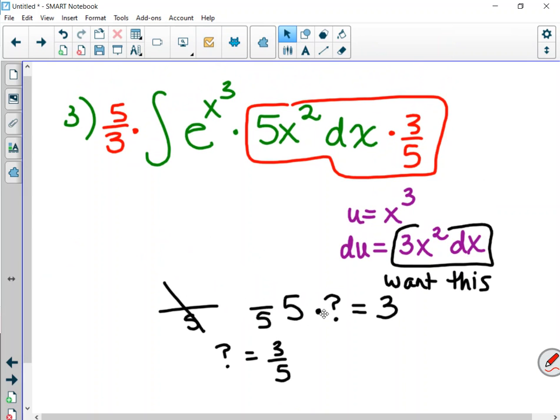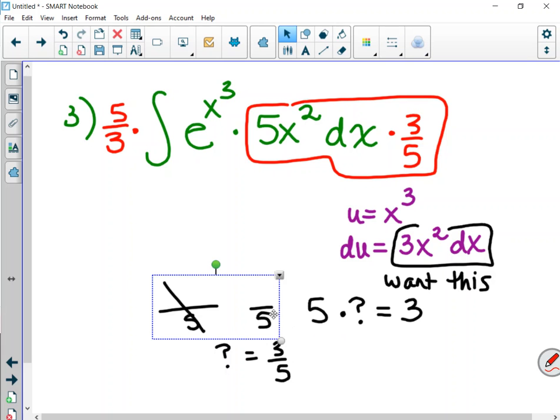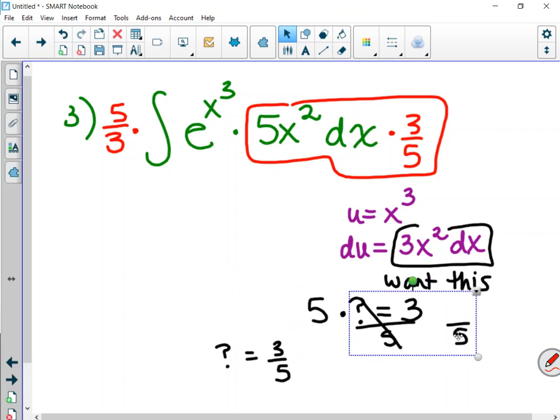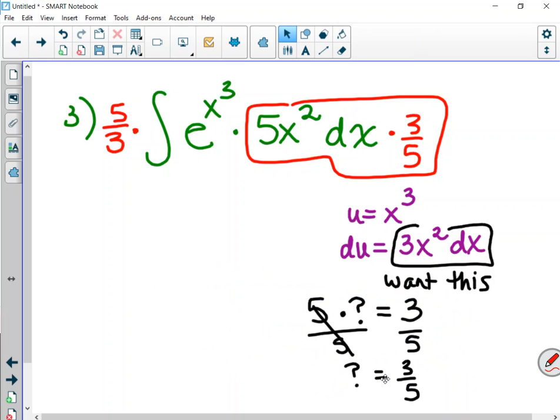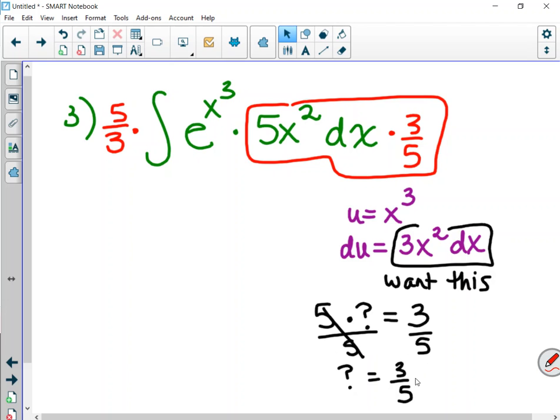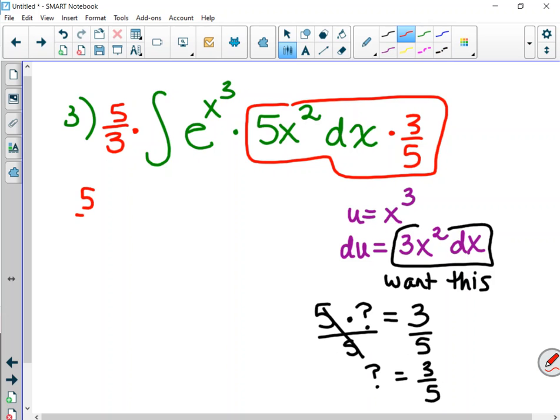That's what U substitution is about. It's about writing the problem in a different way, a mathematically legal way, but not changing the overall value. We're not changing what the problem's about. We're just making it look different. So 5/3 e to the u du.